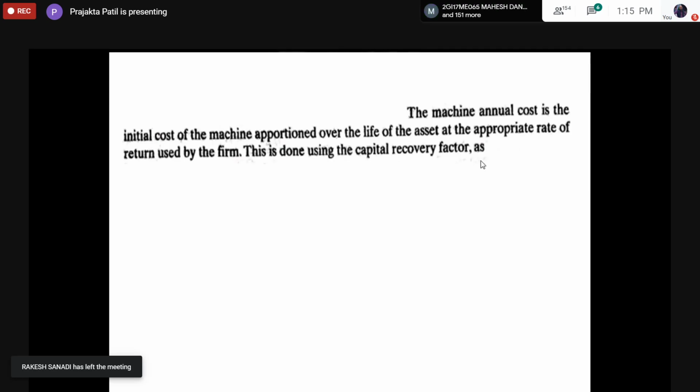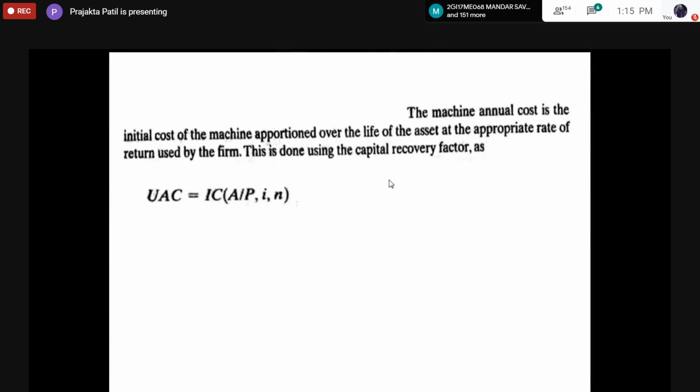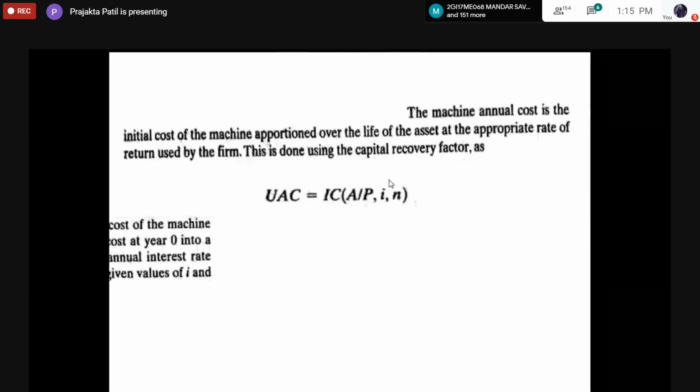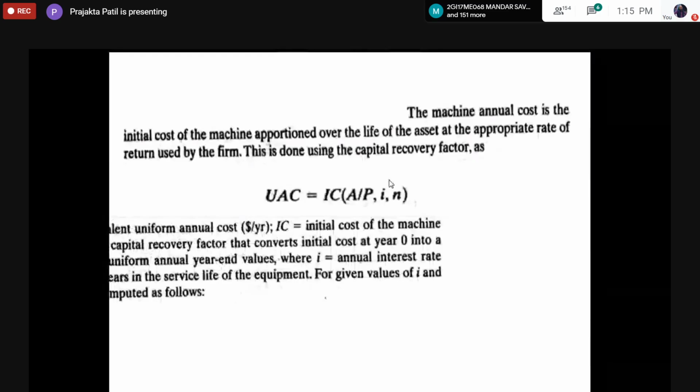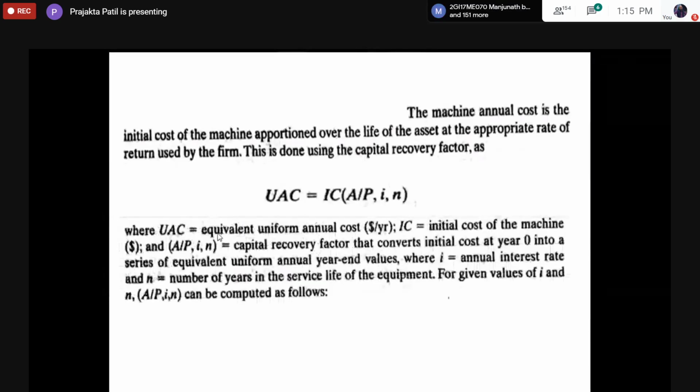Before we look at the equation for the capital recovery factor, this is one equation which is going to help us determine the equivalent uniform annual cost, that is UAC.